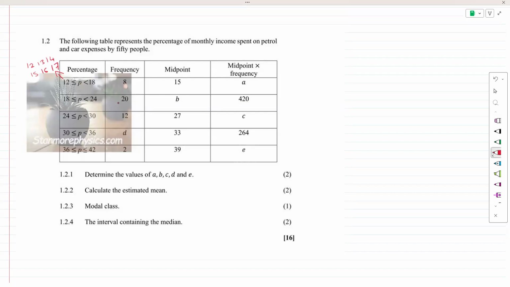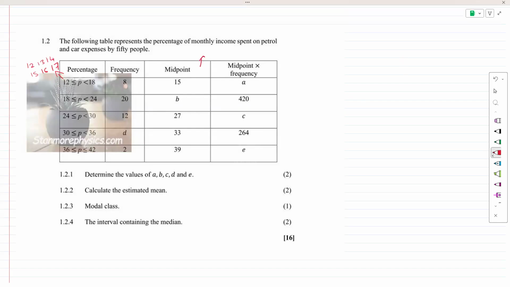Just remember that. Okay. Now, the frequency is 8. That means numbers between 12 and 17 appear 8 times. Numbers from 18 to 23 appear 20 times. Numbers here, 12 times. This is unknown, and this is 2. What is the midpoint?